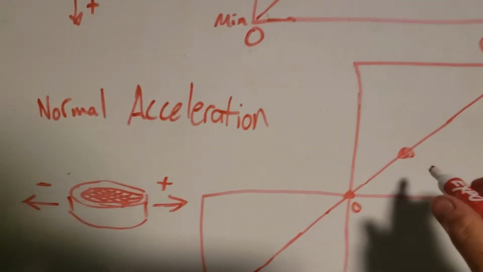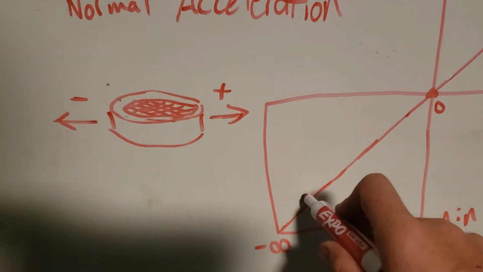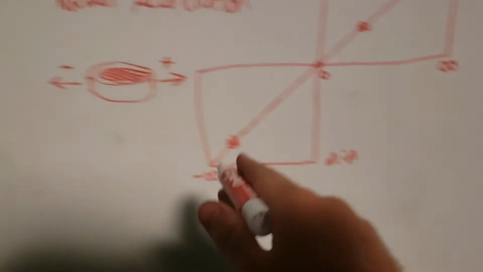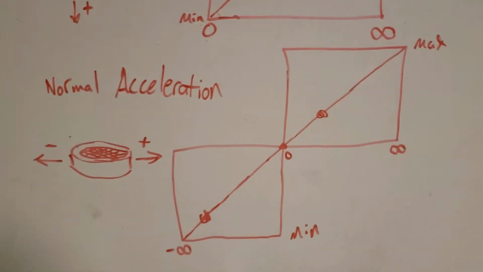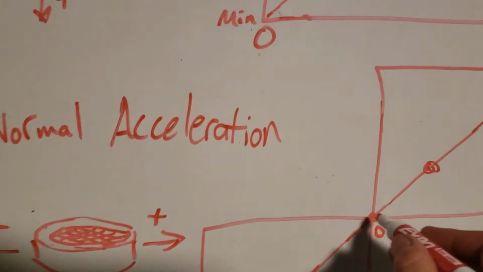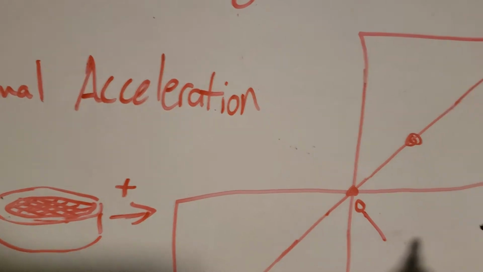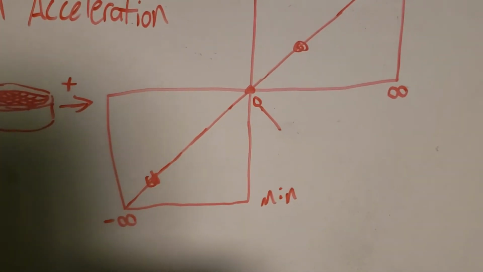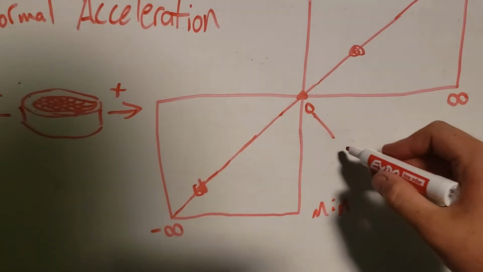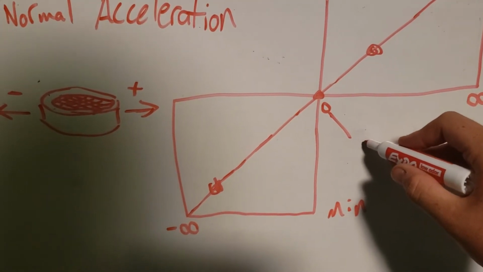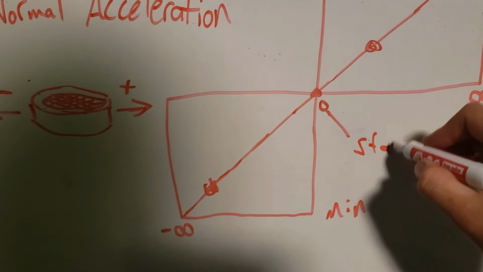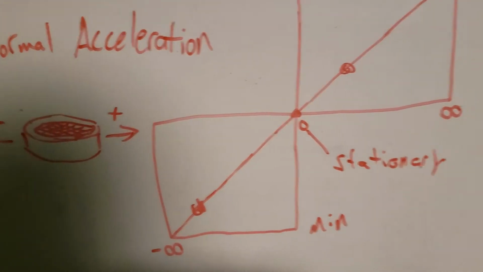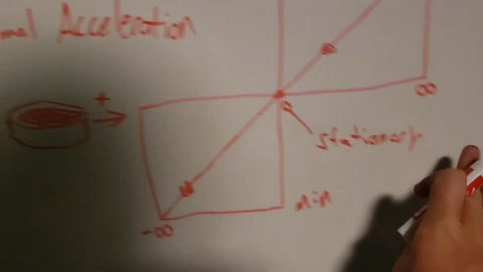And then you decelerate even more, and that puts you over here, which is your negative input. I don't know if that makes sense. And then of course here, 0 is between your max and min value, and you're not accelerating at all. You're stationary, or you're not changing your velocity.